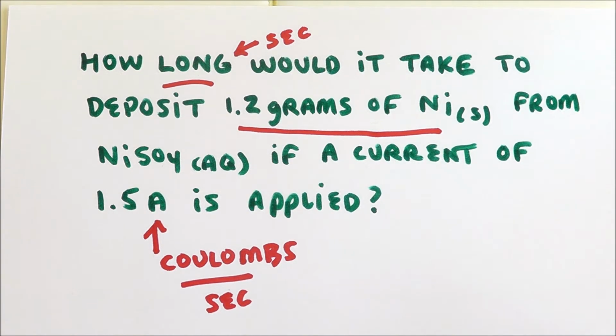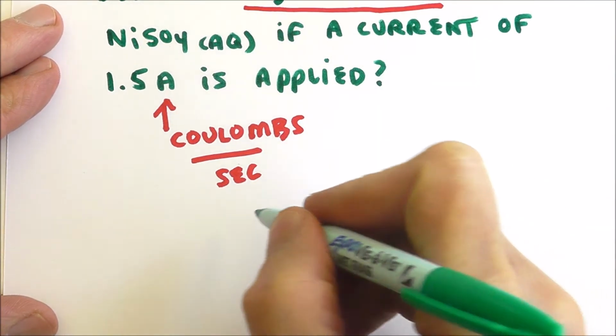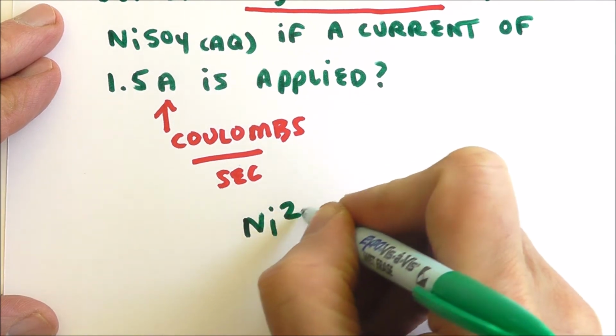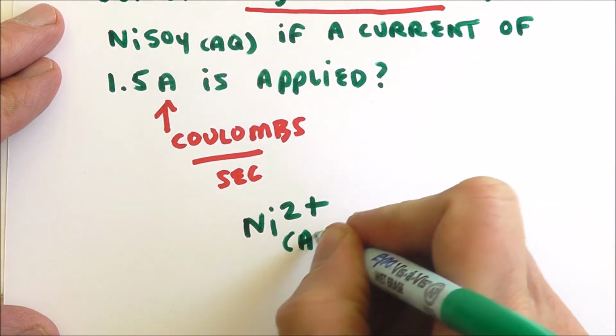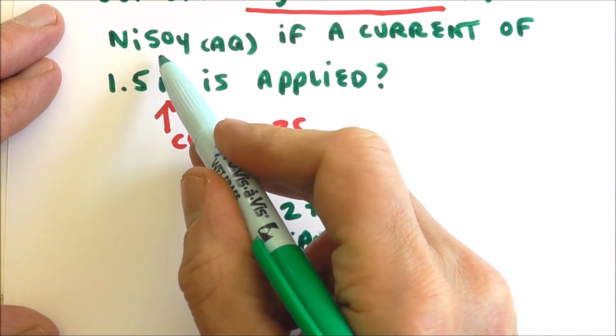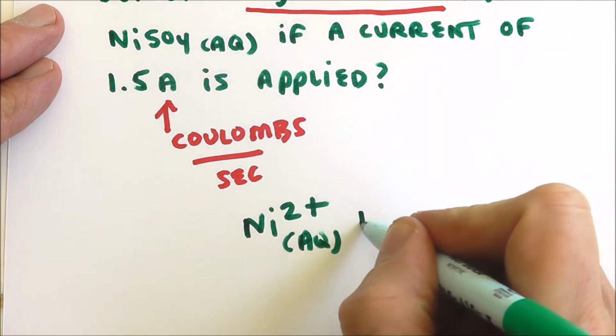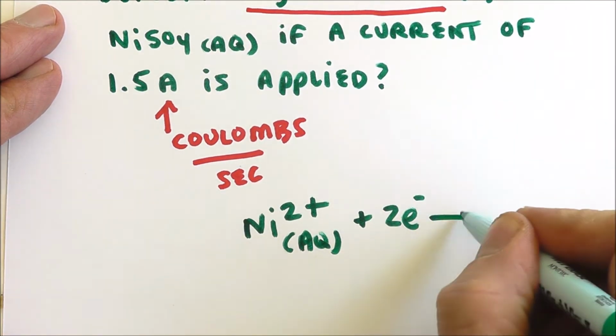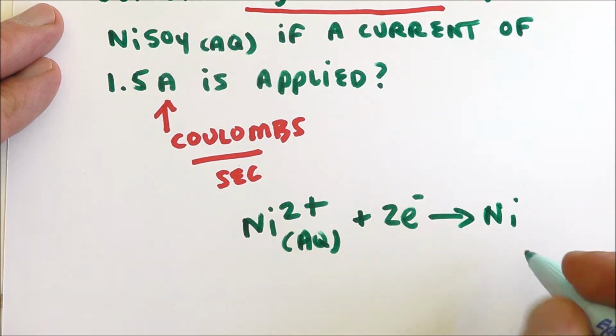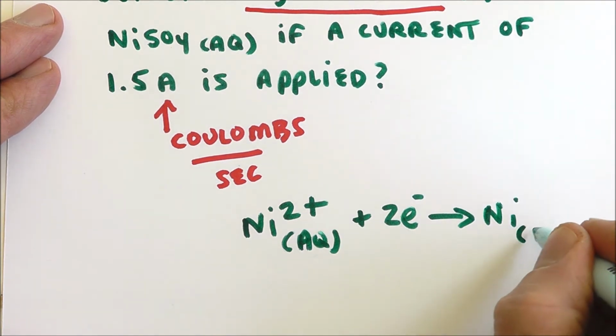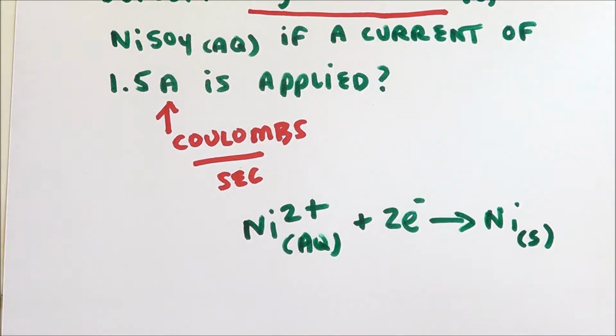The thing you need to know is how many electrons are in the transfer as it deposits. So this is nickel 2 plus, because you have to remember your Gen Chem 1, that's what's in nickel sulfate, plus 2 electrons goes to make nickel metal. Most of the time when you are doing electroplating like this, you're reducing things to protect something that's conductive. All right, so let's go and crunch some numbers.